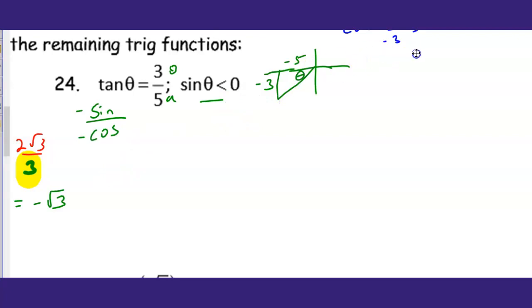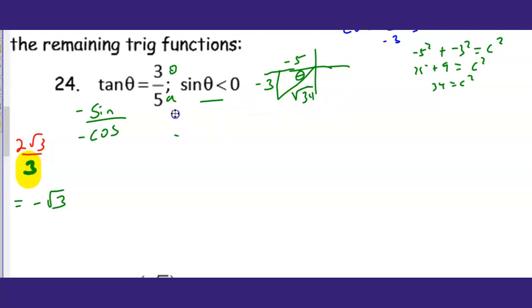Pythagorean Theorem. So we have -5 squared plus -3 squared equals c squared. 25 plus 9 equals c squared. 25 plus 9 is 34. And then we take the square root of both sides. So we end up with square root of 34, and that doesn't simplify.